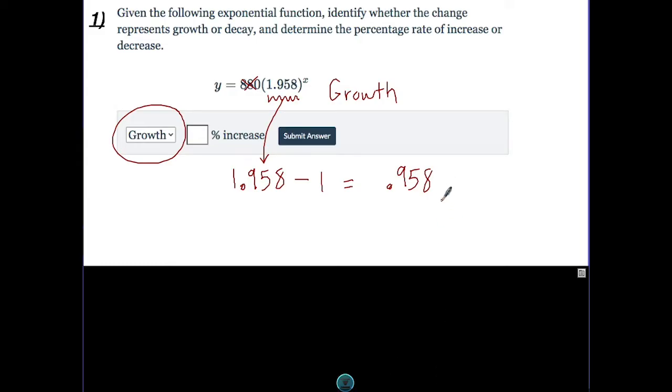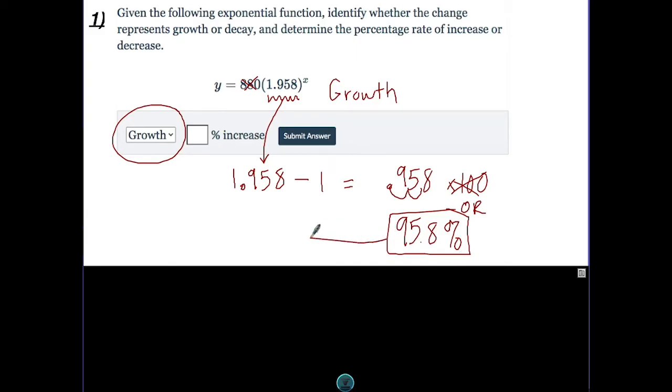You can either multiply by 100, or you can move the decimal 2 spots. This is a growth situation that represents a 95.8% increase. Okay, so this is one example.